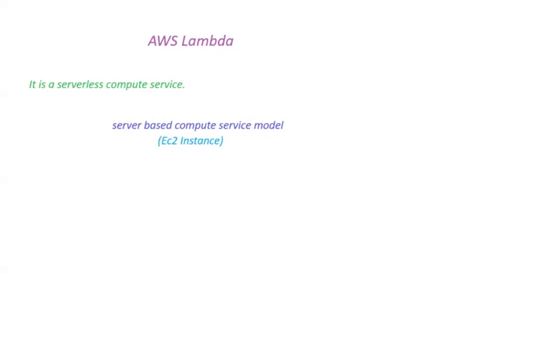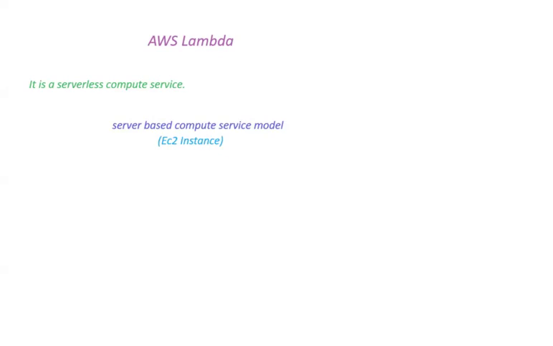So first thing first, to install my application, do I need an instance? Yes. So do I need to create and manage that instance? Yes. What do I need to manage for that instance?